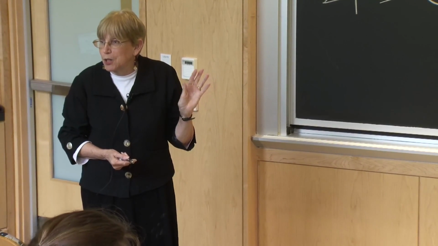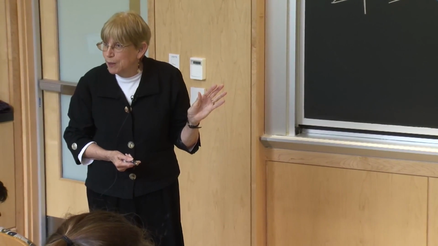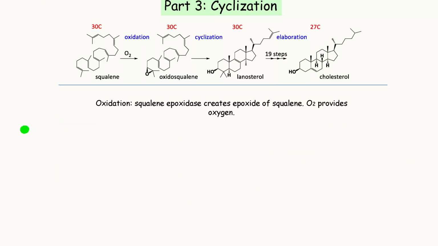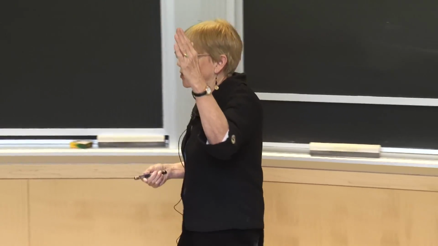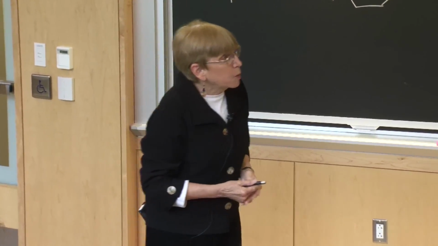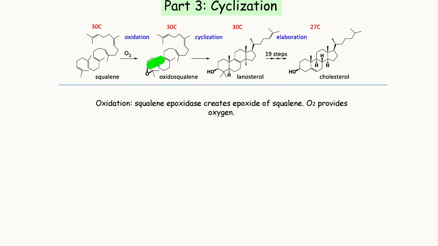If you go back and look at your notes, we protonated the olefin, and that triggered off the cyclization. Here, perhaps you could have protonated the olefin to trigger the cyclization, but in the end, cholesterol has a hydroxyl group in the C3 position. So the next step in the pathway will ultimately also involve protonation and ring cyclization. Those are the 2 rules I gave you during the last lecture.